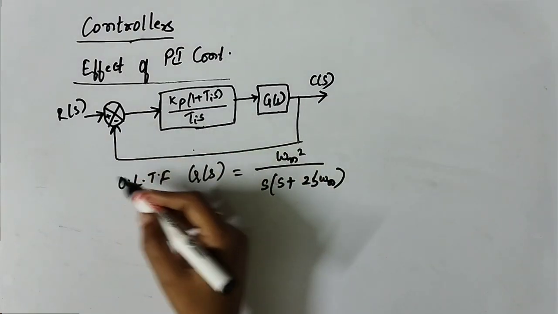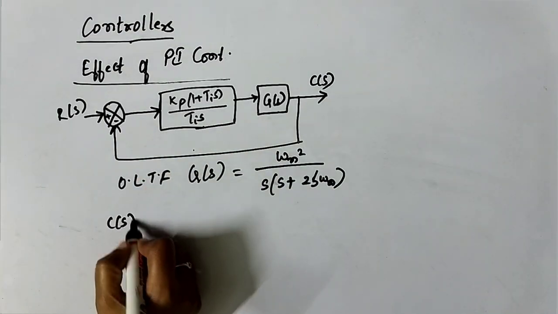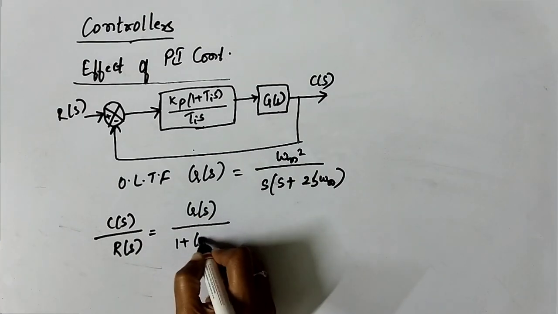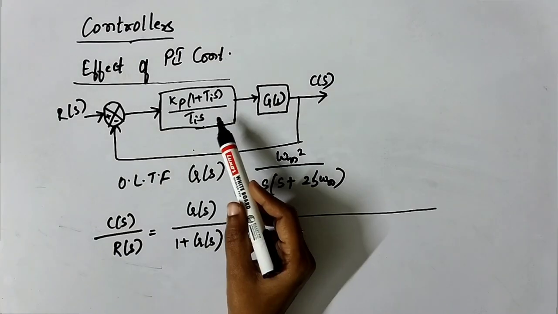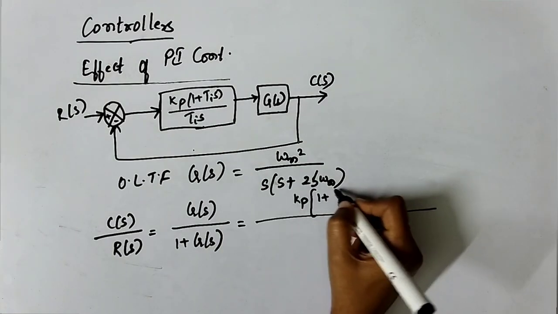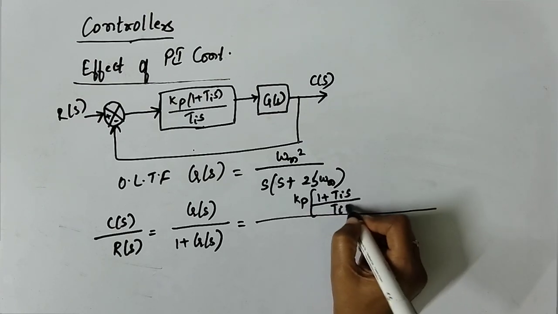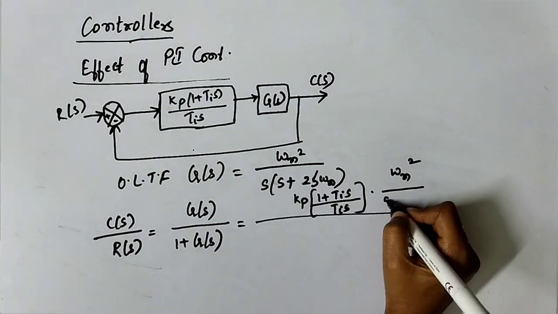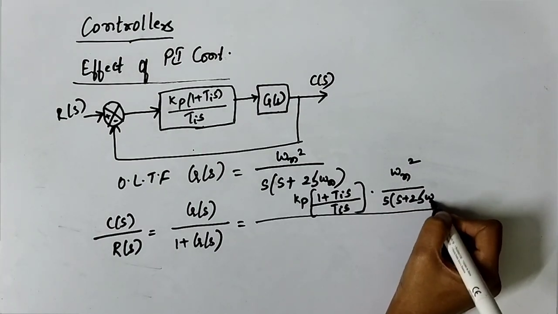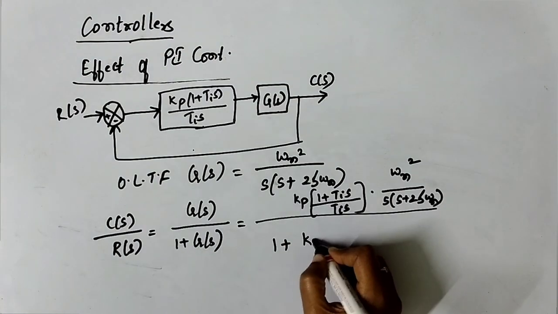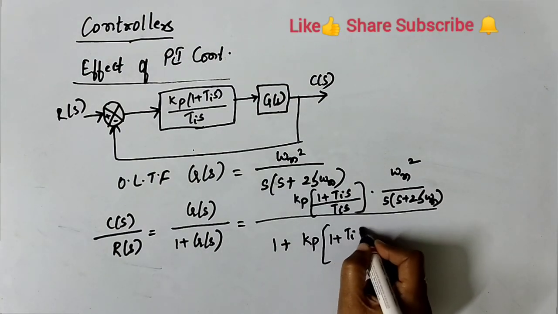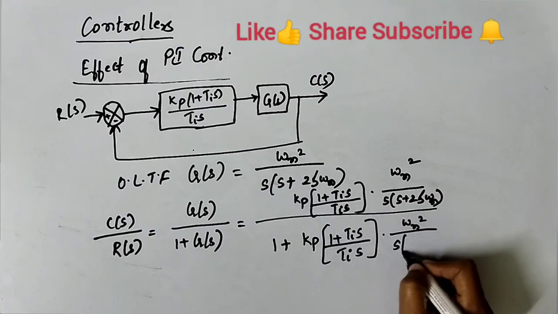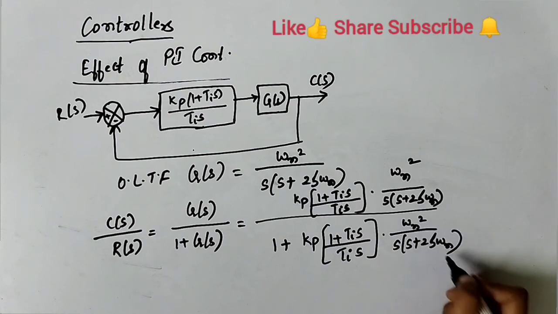The closed loop transfer function for this system is C(S) by R(S) equal to G(S) by (1 plus G(S)), which is Kp into (1 plus Ti S) by Ti S into omega n square by S into (S plus 2 zeta omega n), divided by 1 plus Kp into (1 plus Ti S) by Ti S into omega n square by S into (S plus 2 zeta omega n).